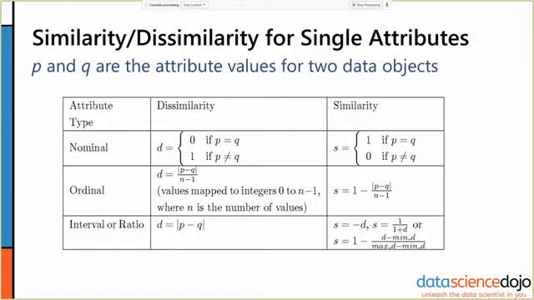Whereas for something like ordinal variables, the measure of dissimilarity is an easier and more natural way to think about it. We think about how far apart the variables are, not how close together they are. And similarly for interval or ratio variables, we'll often just take the absolute difference between the variables as a measure of dissimilarity, and then we might do some slightly more complicated things to calculate a similarity.